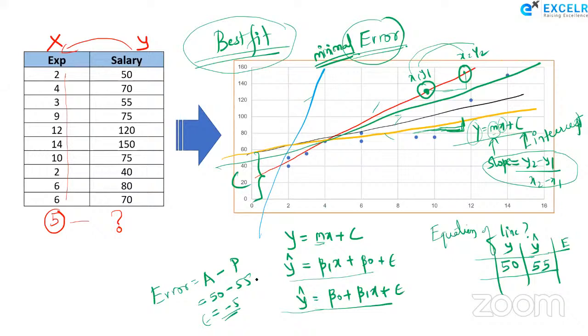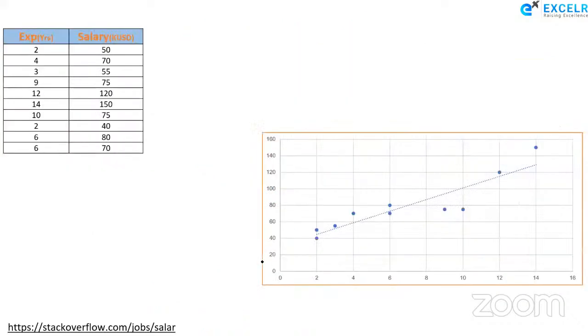So in terms of regression equation, I'm just going to the next slide now. Let us pick one line, okay? And as we talked about, this line is nothing but y cap equal to beta naught plus beta 1x plus your epsilon. The slope is represented by your beta 1.